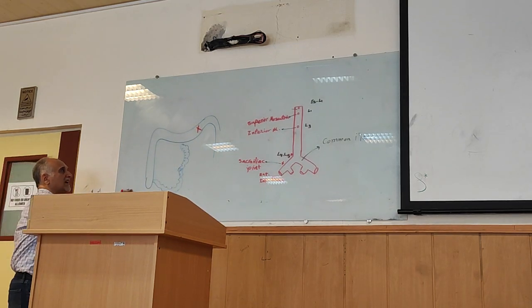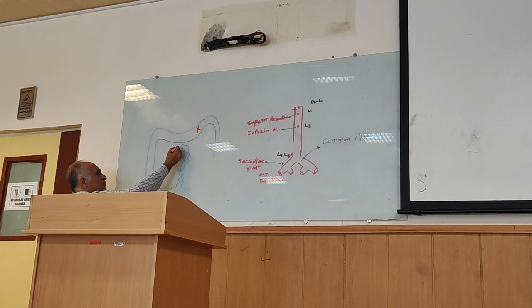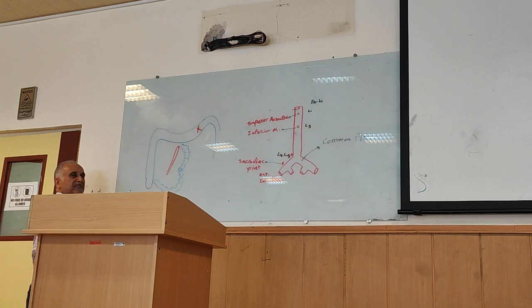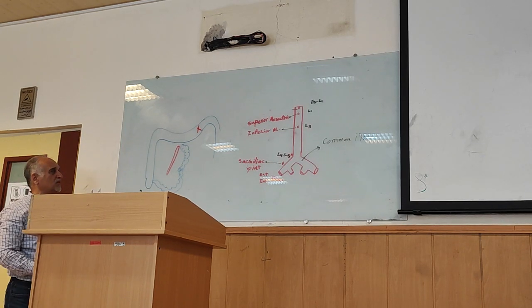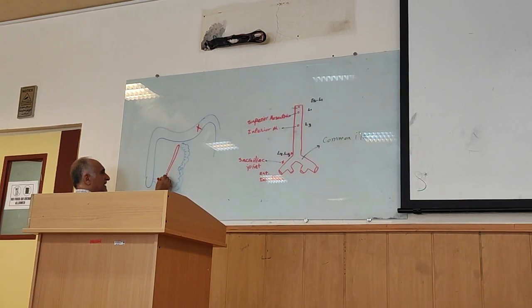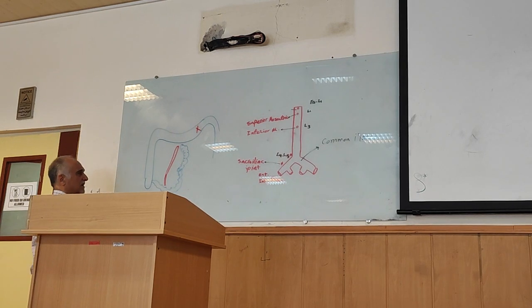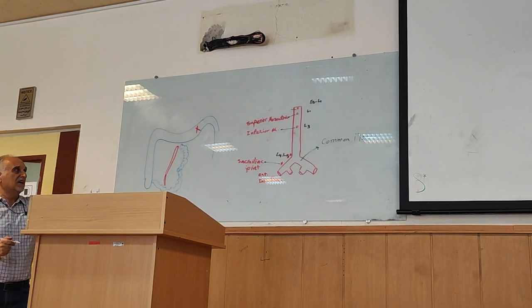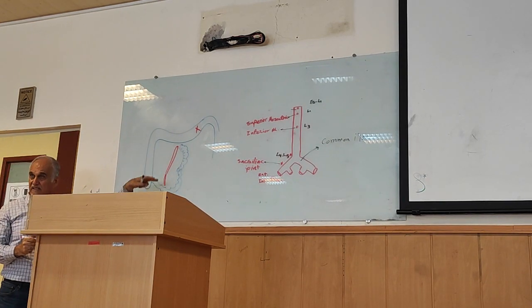So when it comes down, I mean the superior mesenteric, this is the superior mesenteric coming down here, and at a distance of around 50 centimeters remaining to the ileum being finished, it ends at this part of the ileum, jejunum, ileum, small intestine, yes?